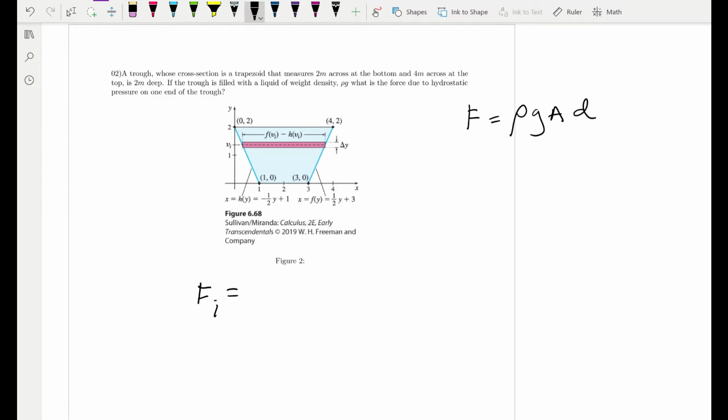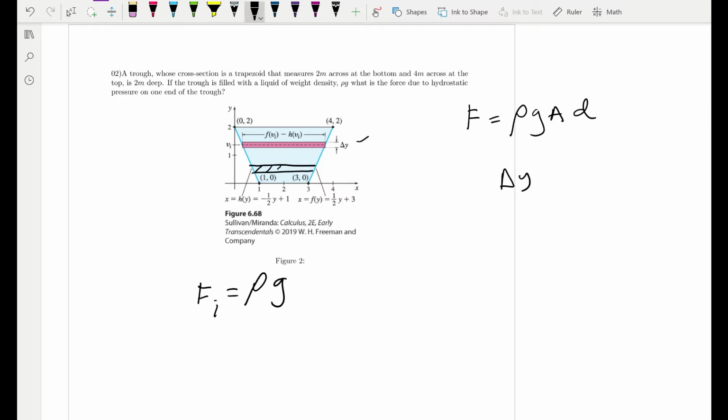Rho and g, gravity, we don't know, so let's keep them like that. What's the area of this rectangular slice? The width is delta y. What's the length? In this problem the length changes based on where you have the slice.